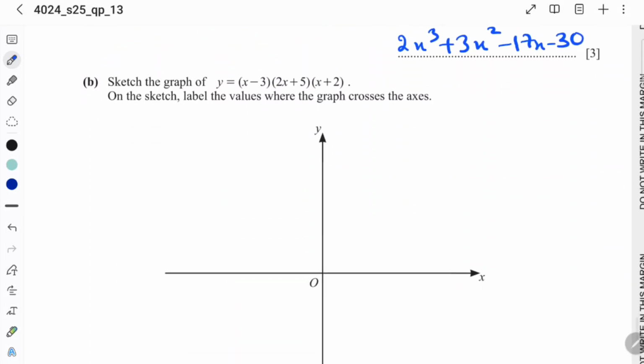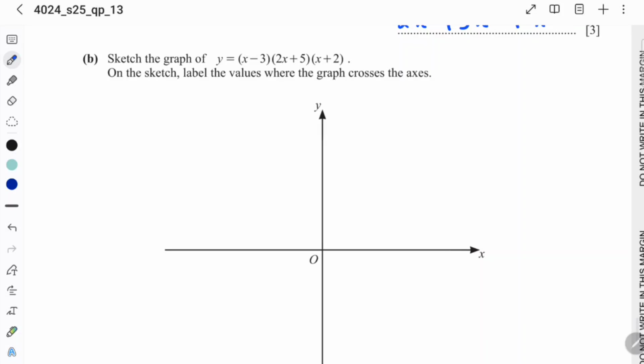Now the next question, part B: sketch the graph of the same equation, of which we have already found the expanded form. Okay, so you know there are three x values because it's a cubic equation. If x minus 3 is 0, then x is equals to 3.